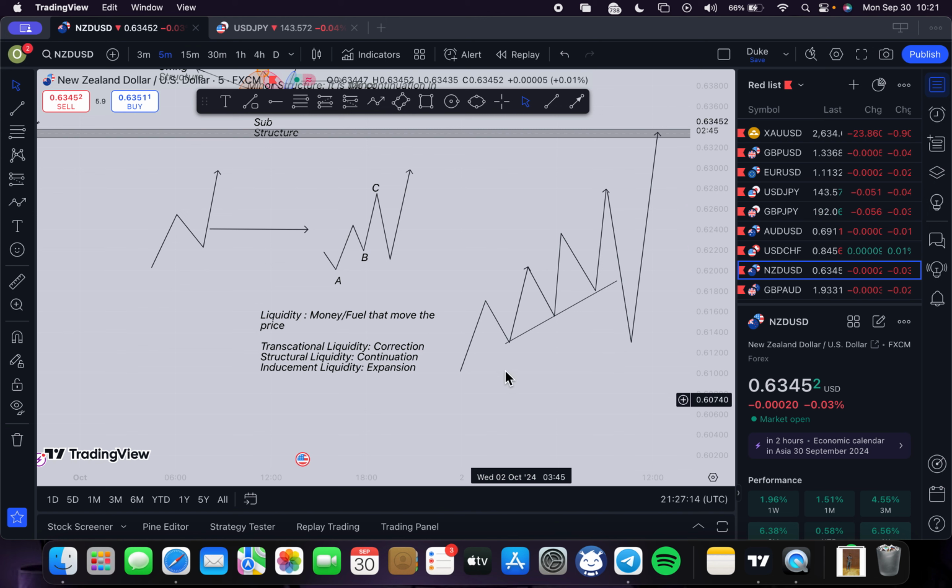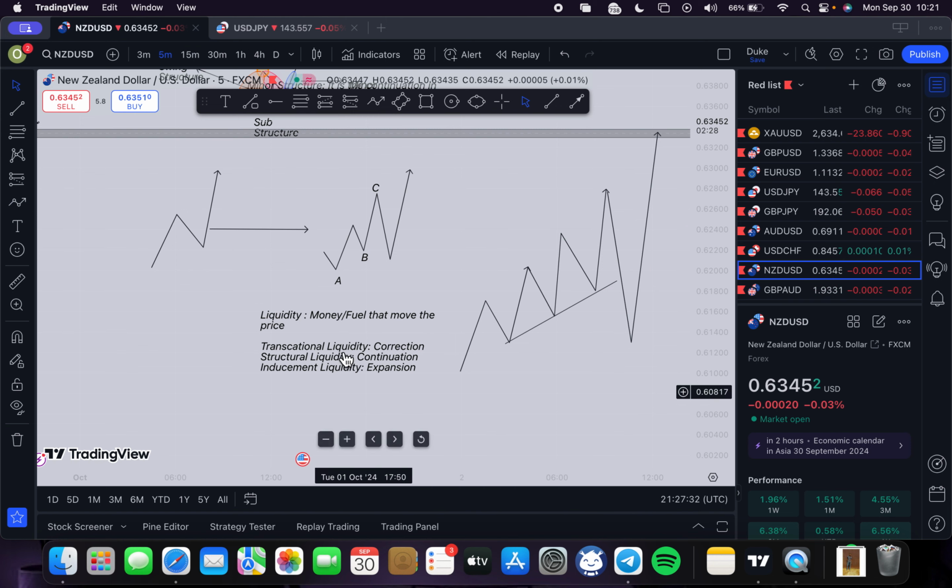It is called transactional. All those buy positions you left here, let's assume your buy position is still active, the price will take you out automatically. This is your liquidity trap.